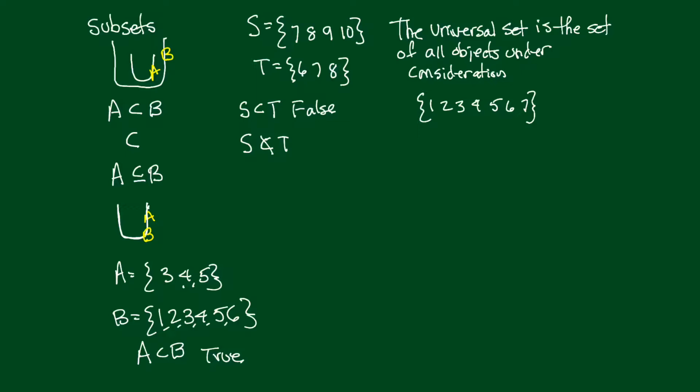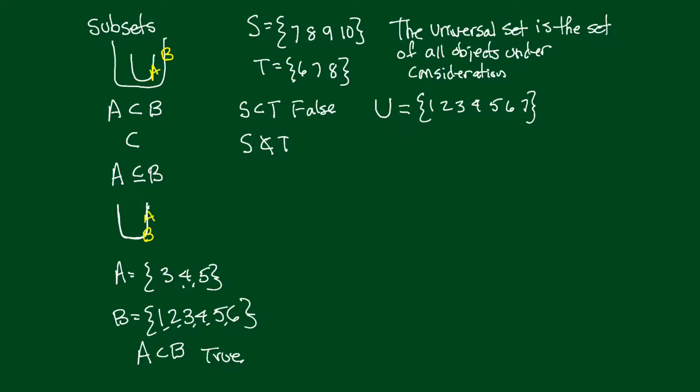Now I'm going to name this set, and I'm going to call it the universal set because it's everything I'm concerned with. And I'm going to call it this capital U for universal.